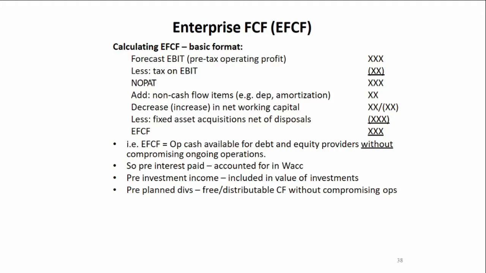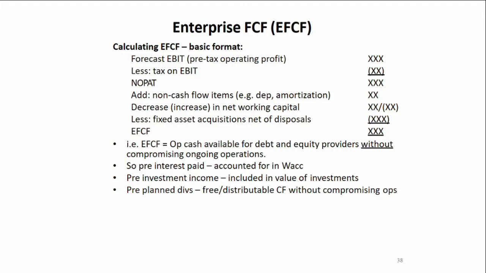So if you think about what the weighted average cost of capital is made up of, it is made up of your cost of debt and your cost of equity in weighted proportions to the market value of those items in your business. So because we are accounting for the cost of debt in your WACC, being your discount rate, it is not appropriate to subtract your interest expense when you are calculating your cash flows.